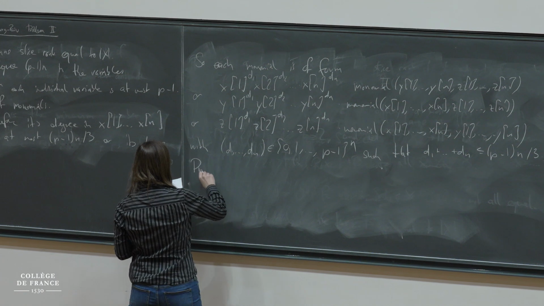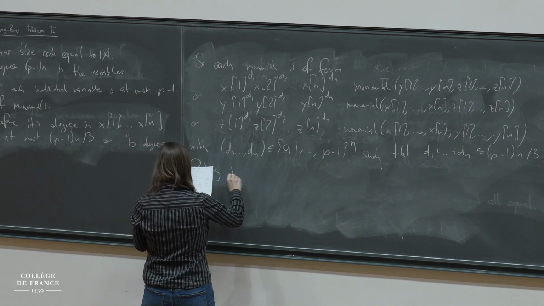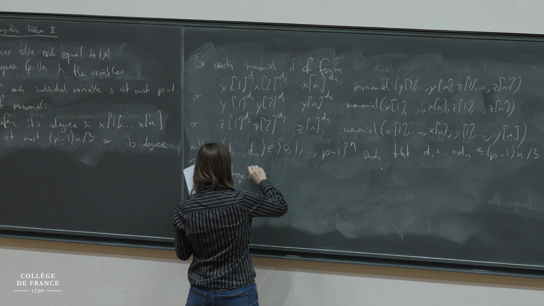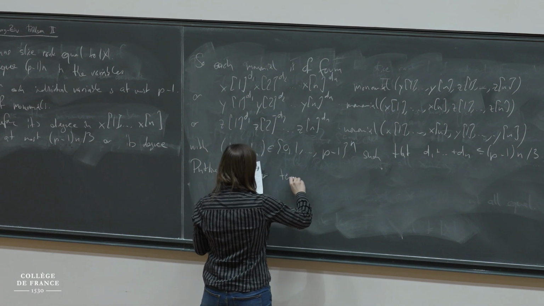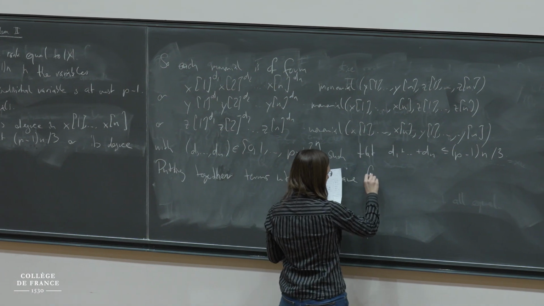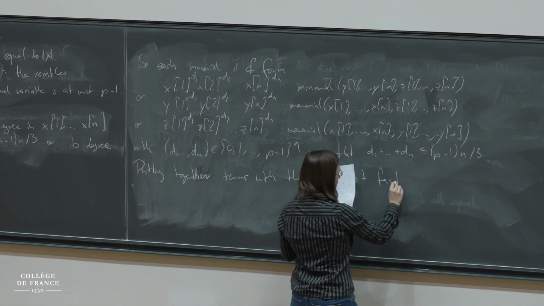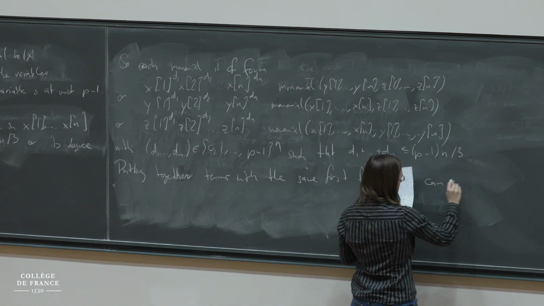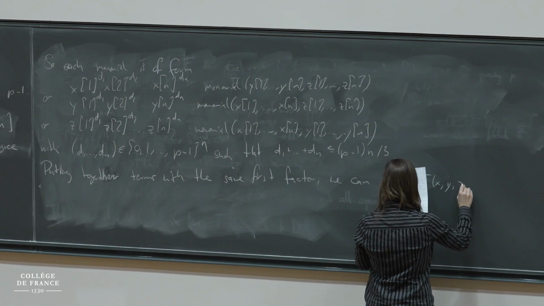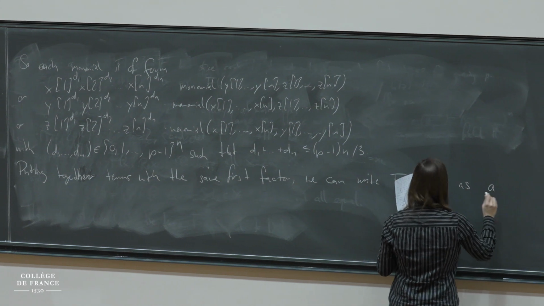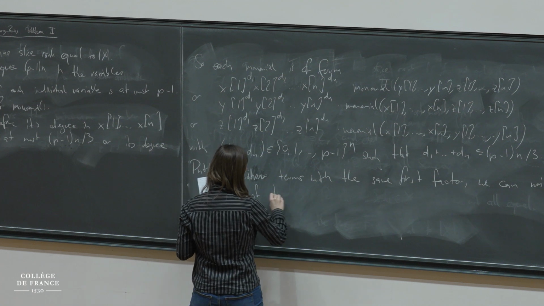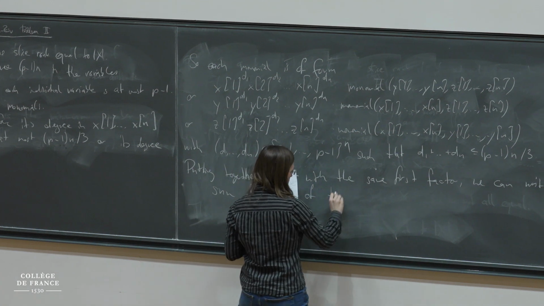So, putting together terms with the same first factor, we can write f of x, y, z as a sum of terms of the form.